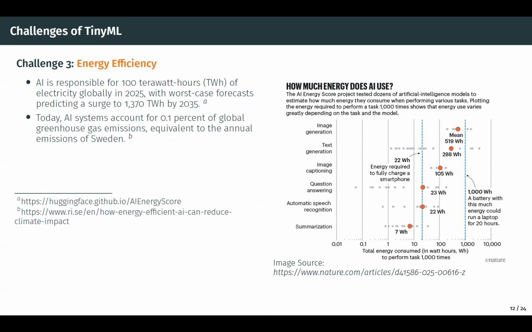Terawatt hour is a really big unit for energy, and 100 terawatt hours is really difficult to even think about. The worst case forecast predicts a surge to 1,370 terawatt hours by 2035. So we need to work on this to make these deep learning models more efficient, so that we can have a sustainable future. Otherwise, it's not going to go well for the future of the Earth.